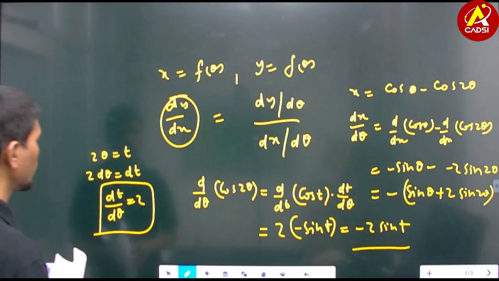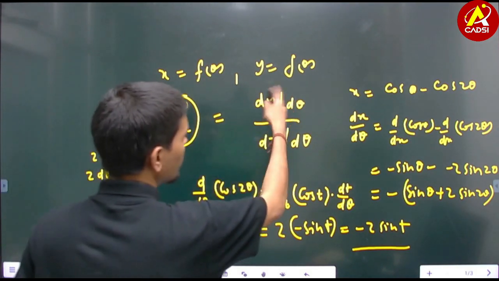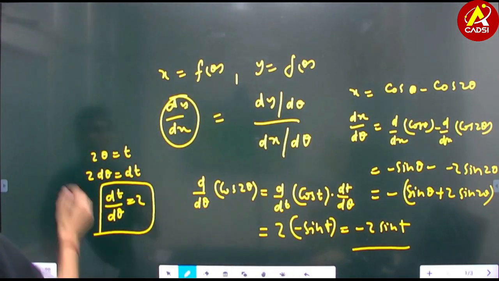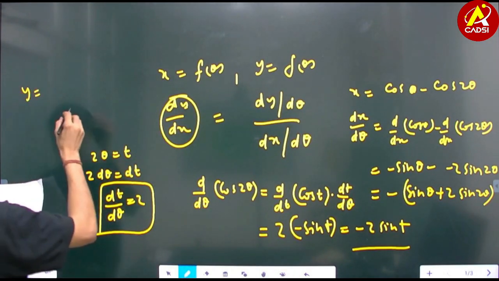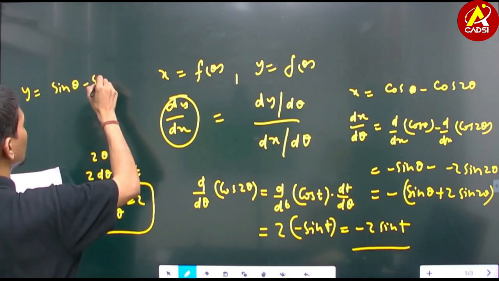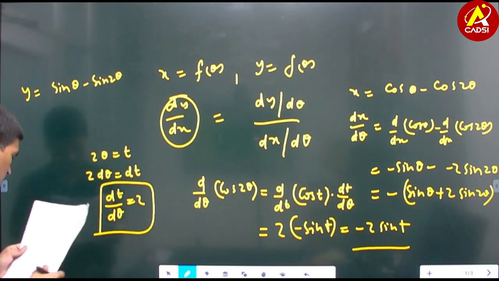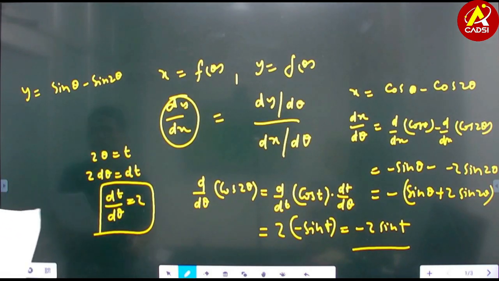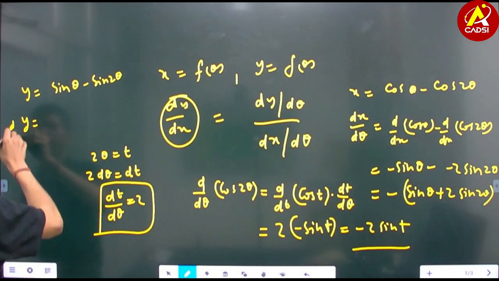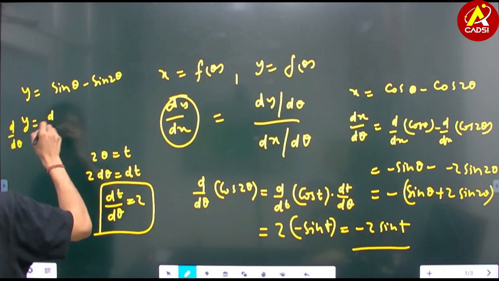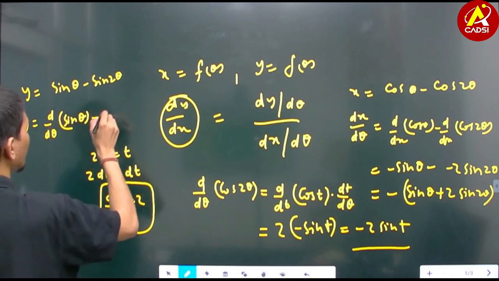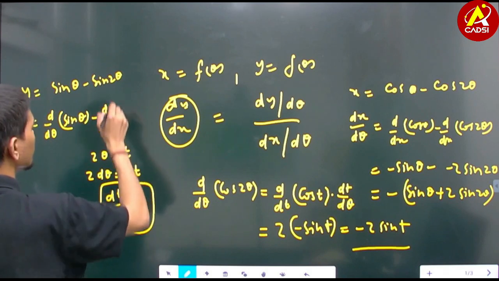Okay, so now we have to find dy over d theta. y is sin theta minus sin 2 theta. So dy over d theta is d upon d theta sin theta minus d over d theta sin 2 theta.